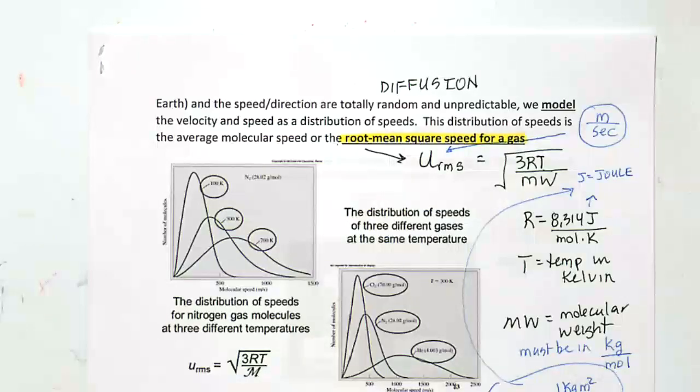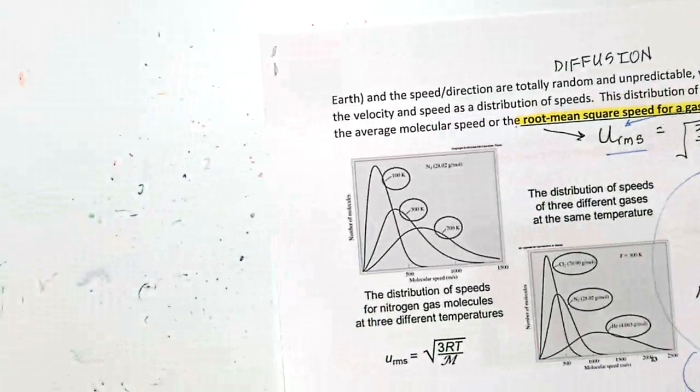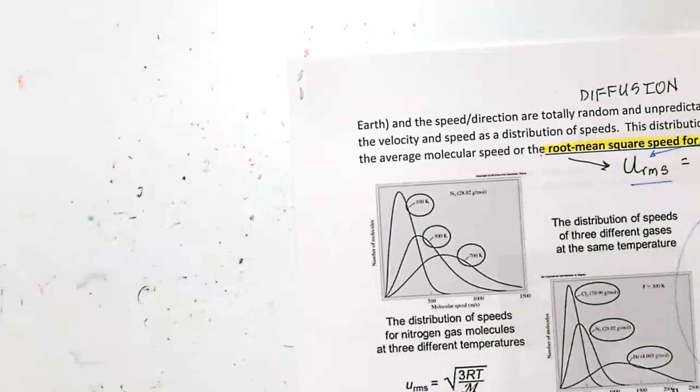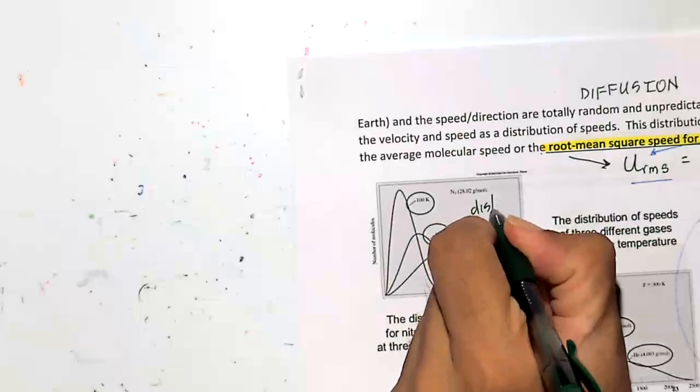So that one collective speed, that one amalgam of all the different speeds, is the root mean square speed. It's not one speed, it's a distribution of speeds.